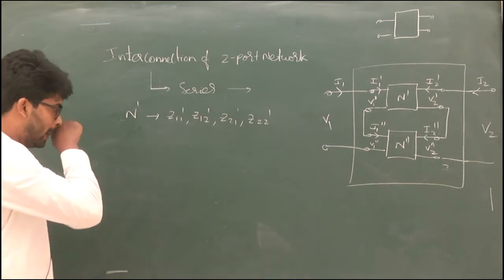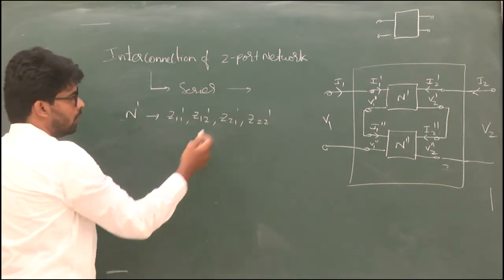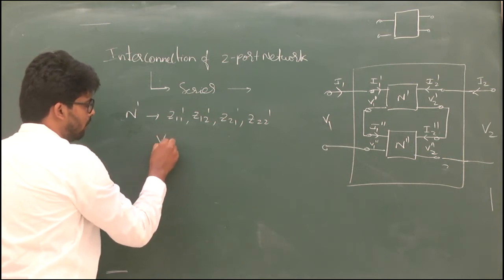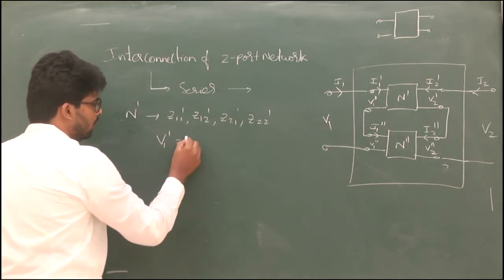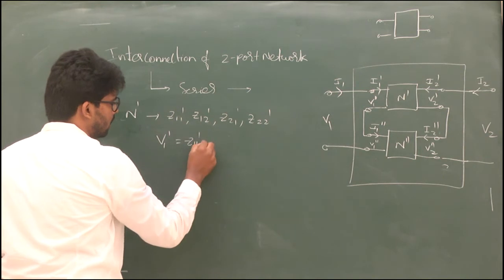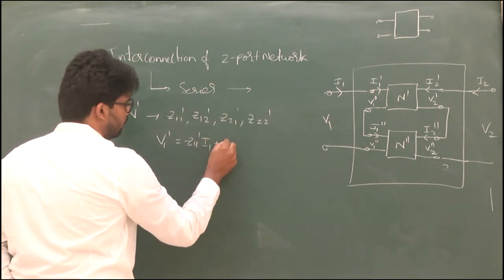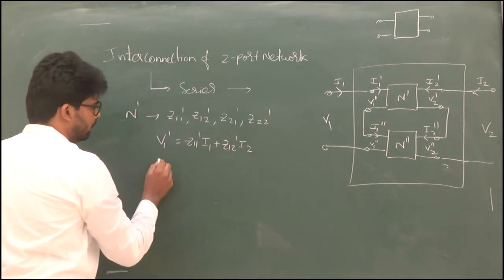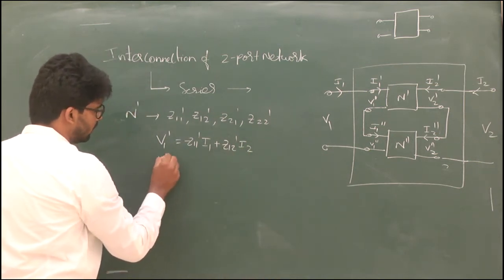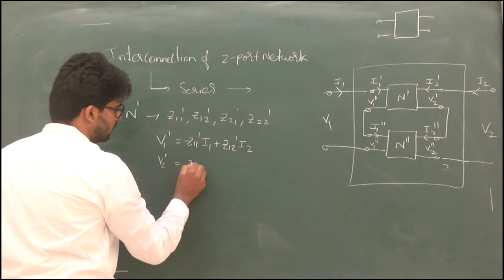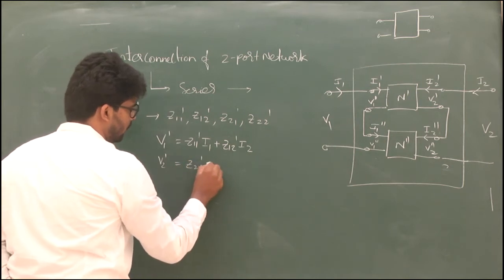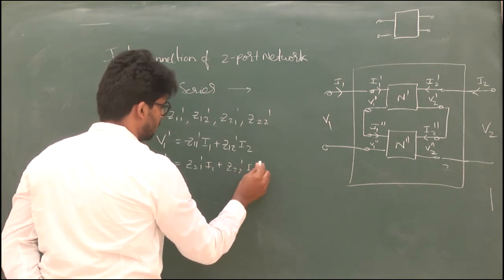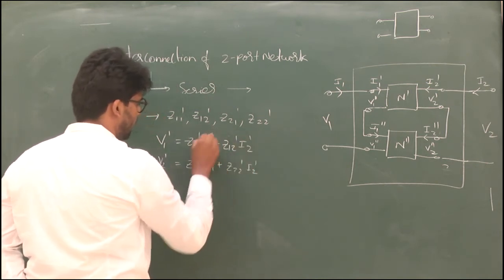So the Z parameters of network 1 can be given as V1 dash equal to Z11 dash I1 dash plus Z12 dash I2 dash, and V2 dash equal to Z21 dash I1 dash plus Z22 dash I2 dash.